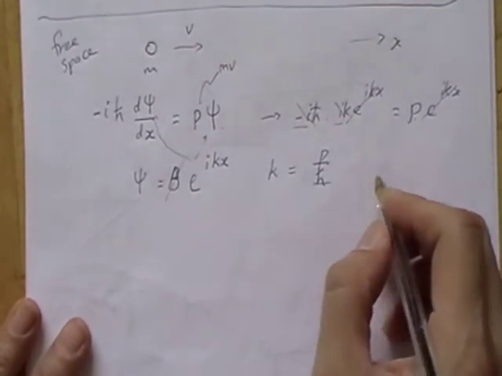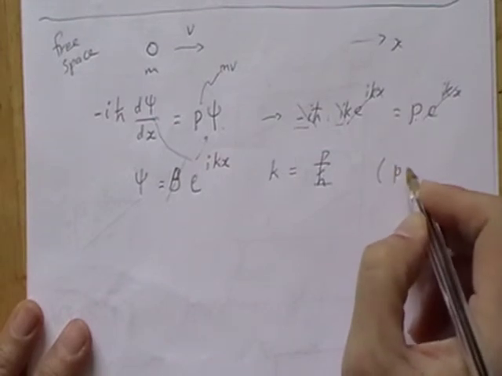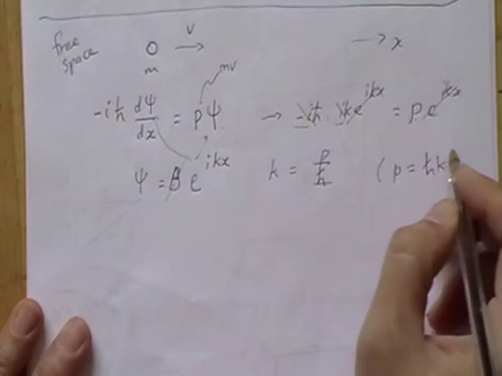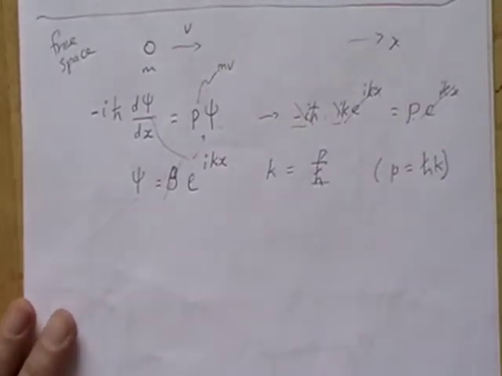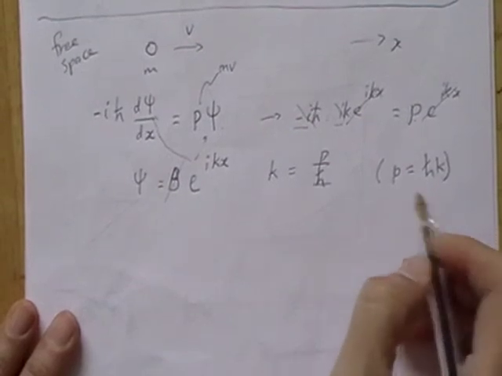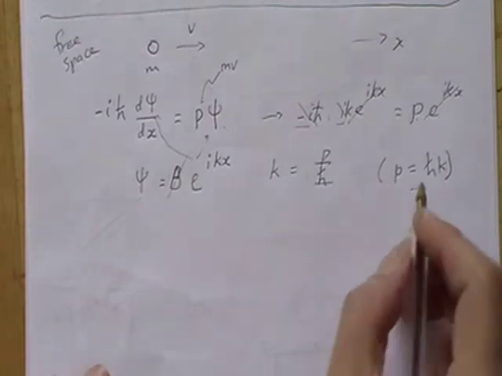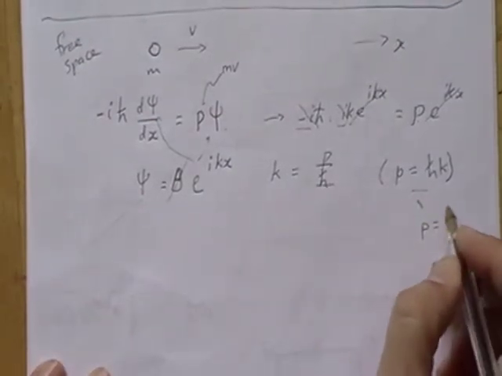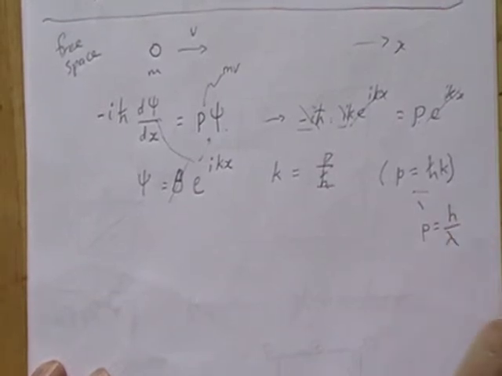That's also how we would get the relation that momentum is equal to h bar k. Or rather, we can think that this relation leads on to that, because that came from de Broglie's relation, that p is equal to h over lambda.